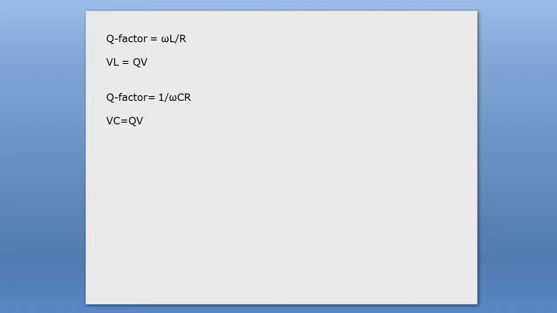Previously, when we derived the transient and steady state response of a series RLC circuit, we considered a DC supply voltage, so the frequency of the supply is fixed. But now we have considered an AC supply voltage, where the frequency of the supply voltage is changing. And this is a very important circuit to select a particular frequency among a number of frequency components.